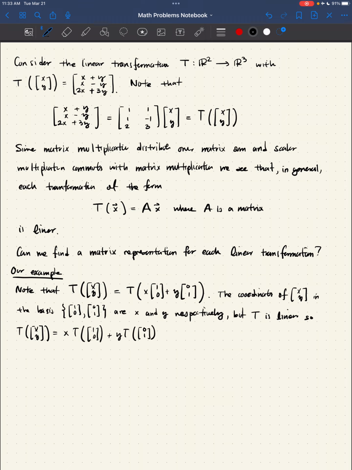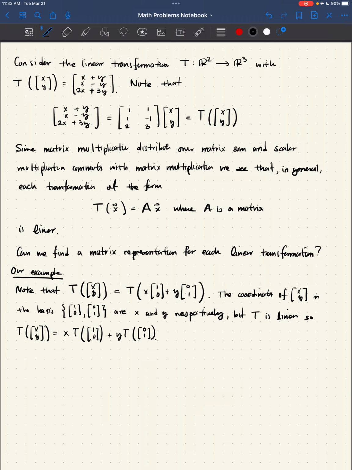Well, what are we saying here? The action of a linear transformation is completely determined by its action on a basis of its domain. So all the information that we need to capture the essence of the linear transformation is to see how it behaves on a basis.